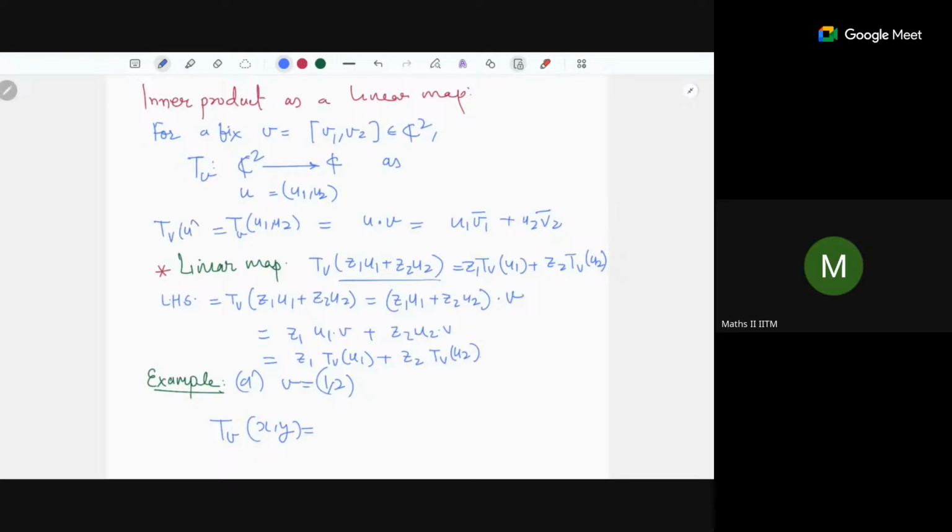TV of U is defined like this, using the inner product of U and V. So TV is taking us from a vector to a single complex number.